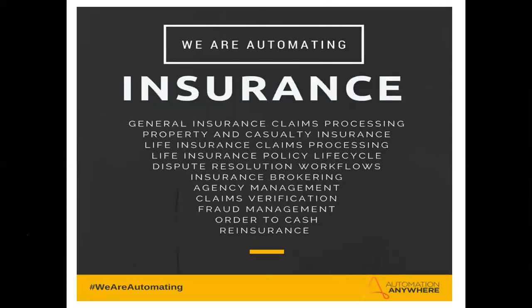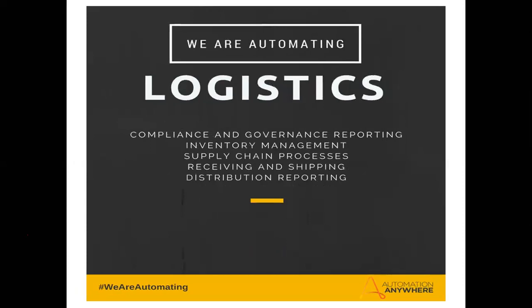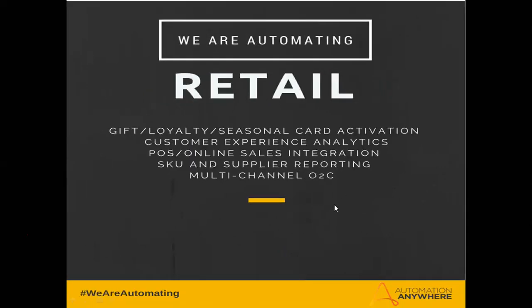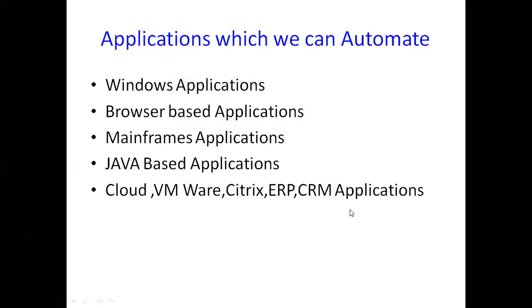Same thing in insurance, logistics, and utilities, like scheduling for situational intelligence and automated CRM workflow reporting. In retail, if you would like to send gifts to your customers, loyalty and seasonal card activations, customer experience analytics, all this can be done.